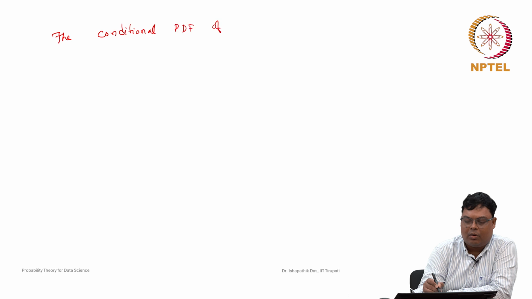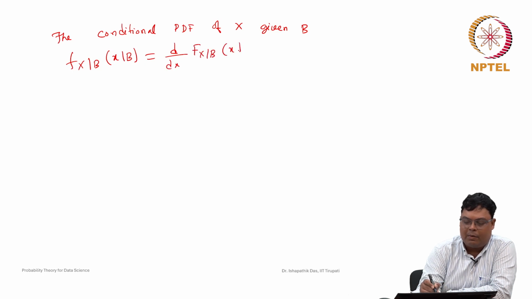So, the conditional probability density function of X given B is nothing but the differentiation of the conditional probability distribution function given B.